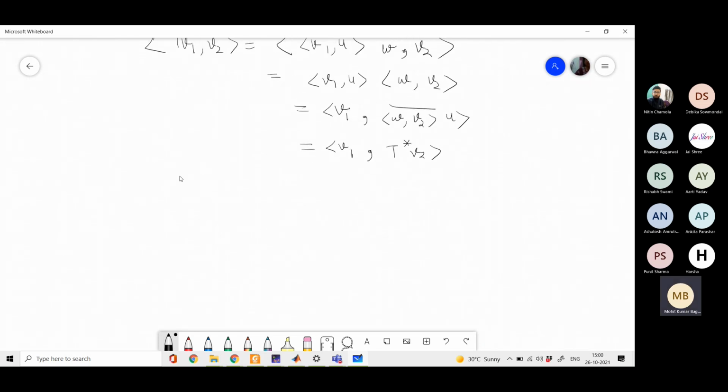So your answer is T star of V would be the inner product of V and U, times W. Is it fine? Is that the same answer that you have got in your notebooks?